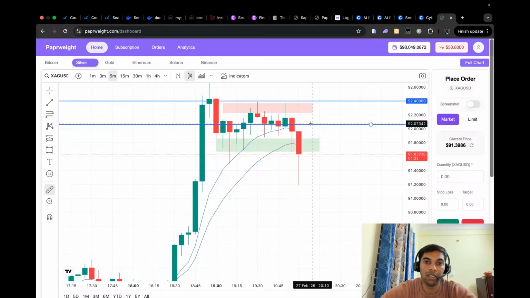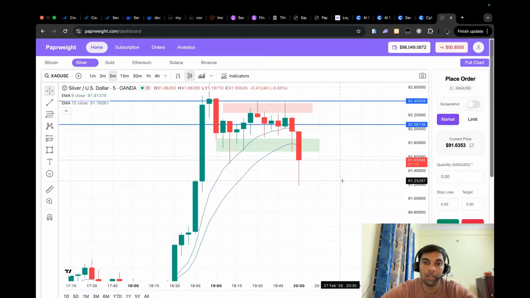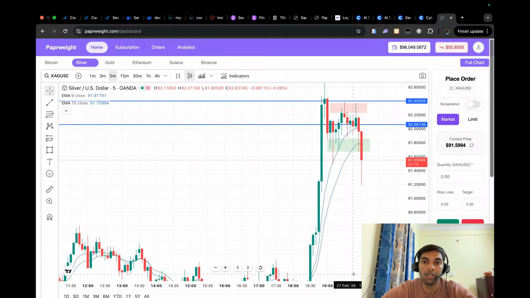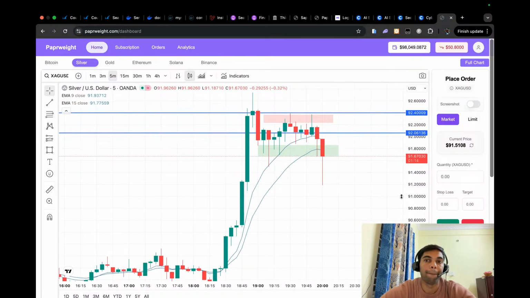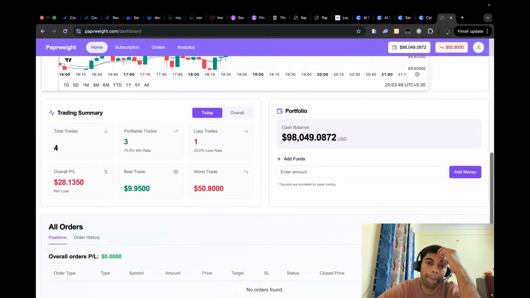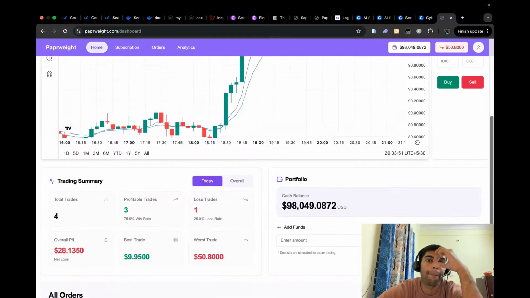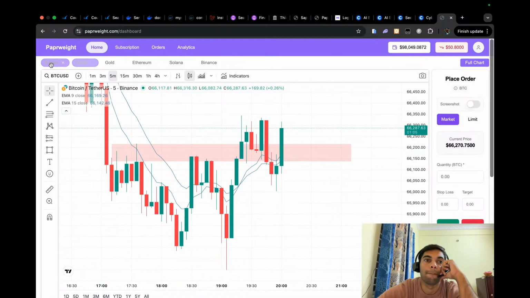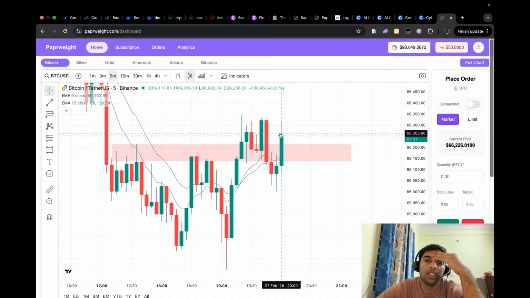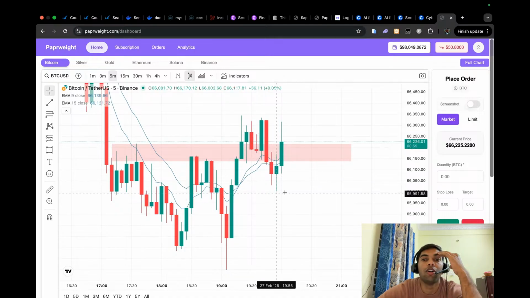Whoever sold at this area after this trendline breakout is enjoying good profit, guys. This is a stop loss hunting candle for all the sellers, guys.